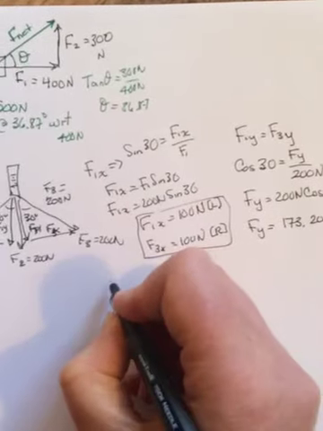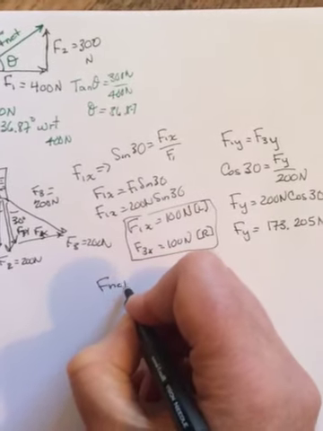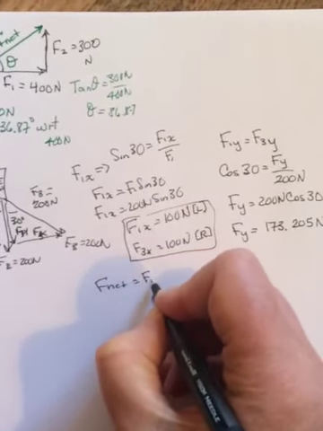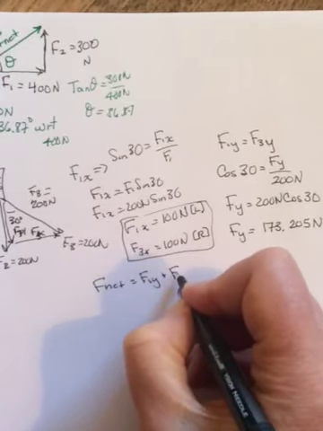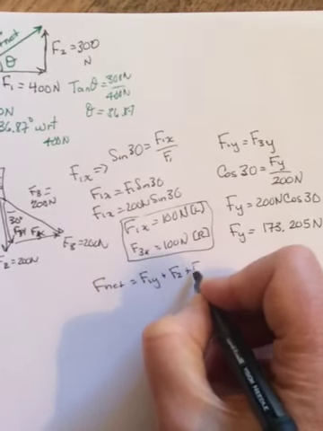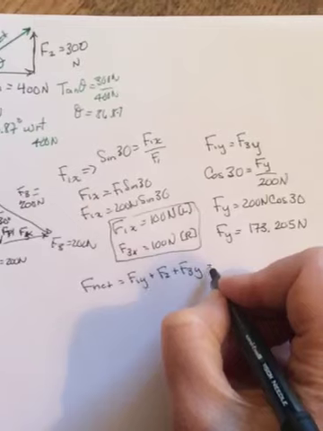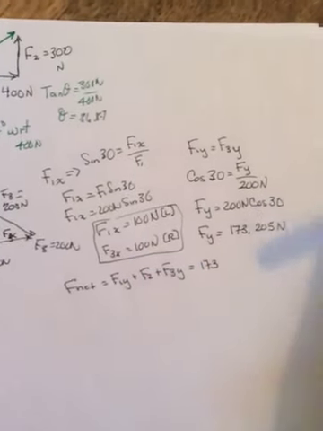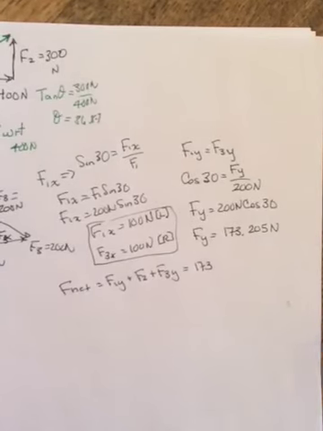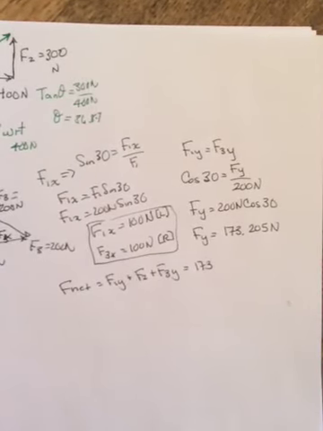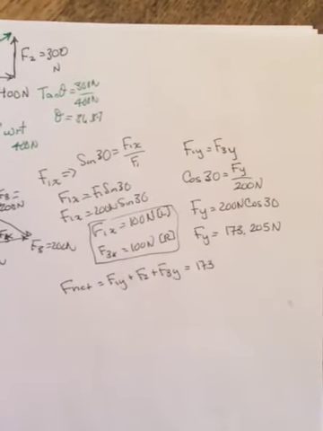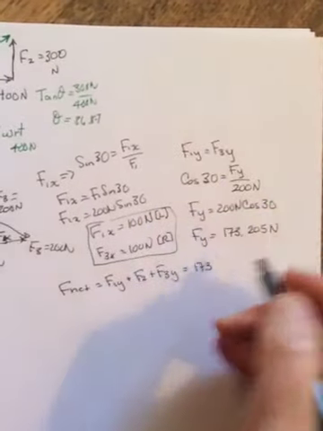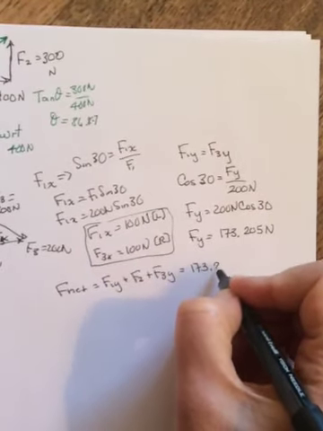Okay, and so now the net force will simply be F1y plus F2, because it's acting completely down, plus F3y. So the 173, I should probably check that. Sorry, 200 newtons times the cos of 30. 173.205, that's pretty good.